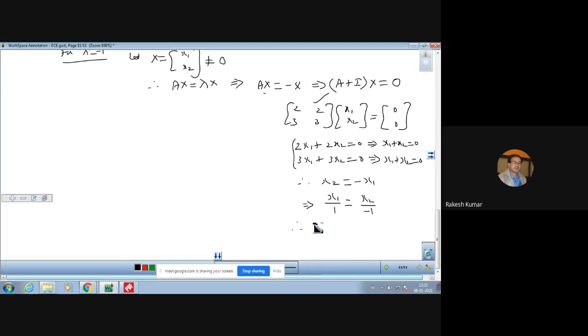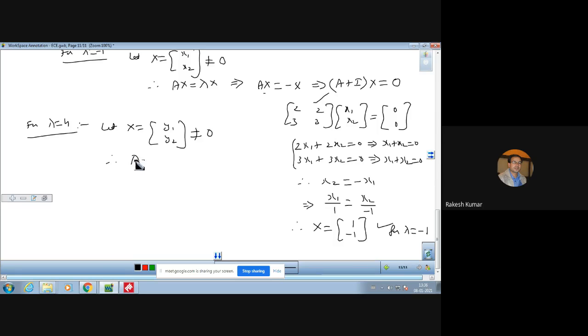Therefore the eigenvector x is 1, minus 1. This is the eigenvector corresponding to lambda equal to minus 1. Similarly, for the other eigenvalue lambda equal to 4, let us take another eigenvector x, that is y1, y2, not equal to 0.